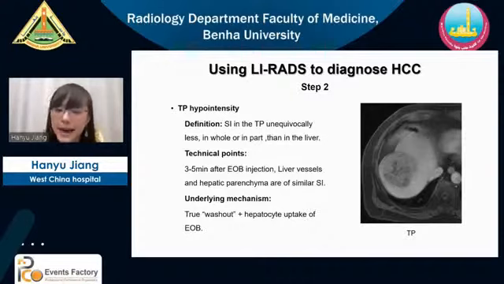The underlying mechanism of transitional phase hypointensity includes true washout, secondary to the reduction in OATP transporters, as we have discussed previously, in hepatocyte uptake of the contrast agent.